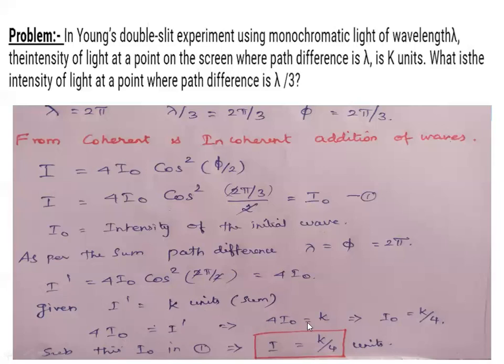So 4 I naught is equal to k, so I naught is equal to k by 4, with the 4 going to the denominator. That is the value we find from the derivation.